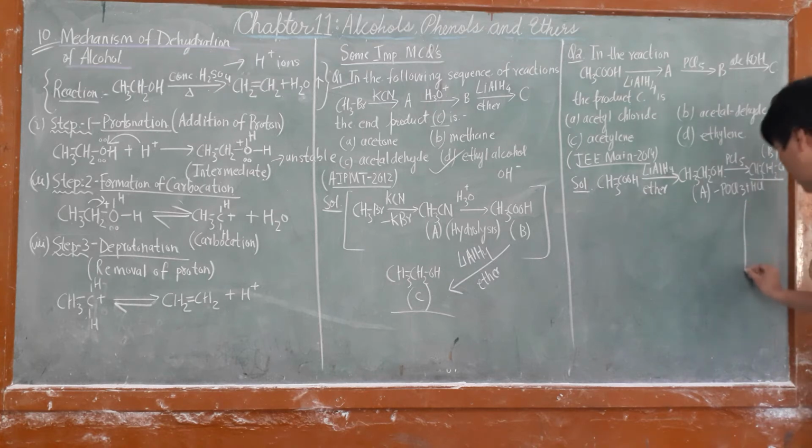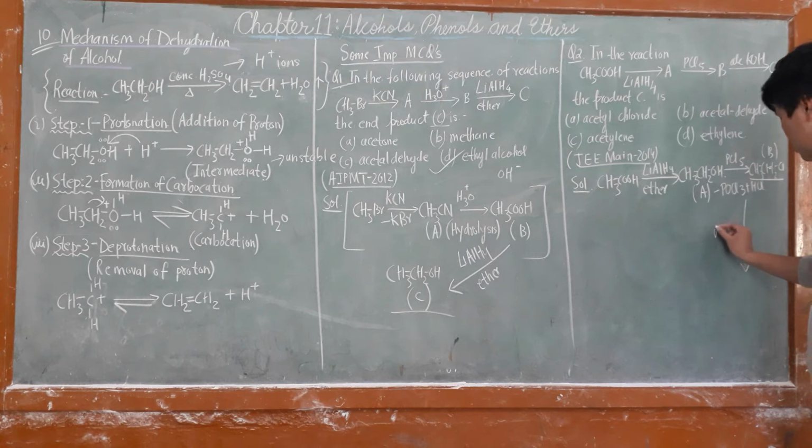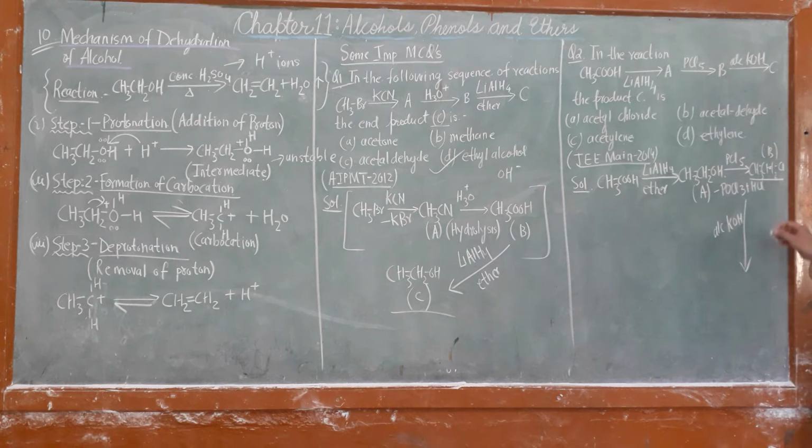Now when you further react this with alcoholic KOH, what happens? This is your beta elimination reaction.